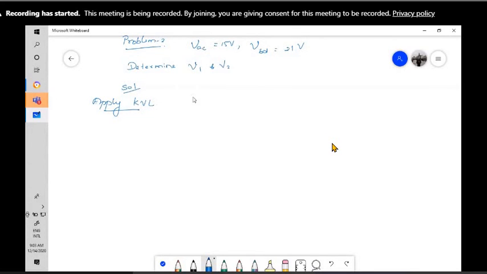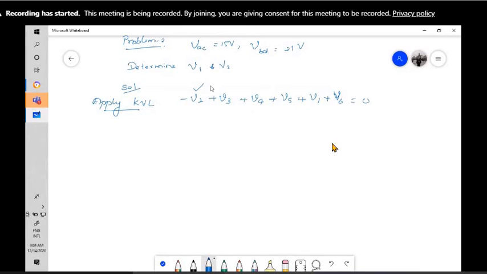Now if I use that loop that we came across in the previous whiteboard, we have minus V2 plus V3 plus V4 plus V5 plus V1 plus V6 is equal to 0.